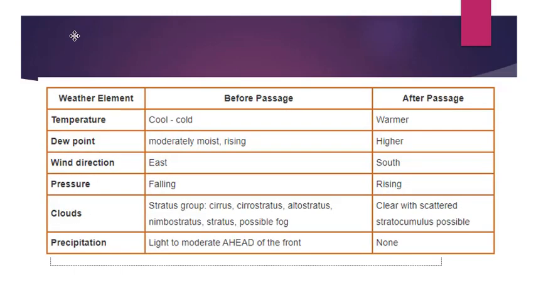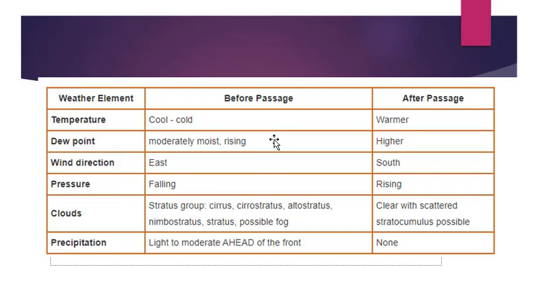The following are the weather elements or weather conditions which happen before passage of the front and also after. So initially, you have cold air, and then after, it will be replaced by warmer air. The dew point is moist and rising, and then you will have a higher dew point after the passage of the warm front. The wind direction would be initially east, and then after the front, we have the direction moving towards west.